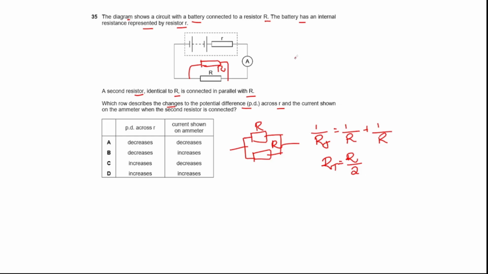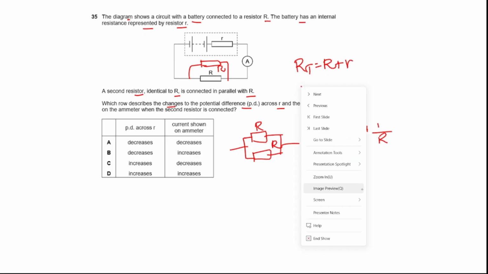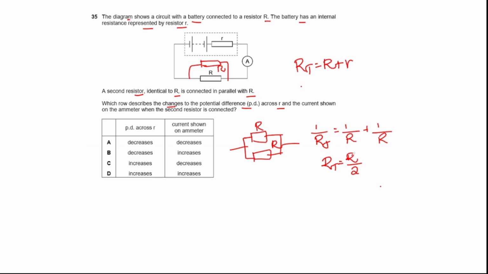Before adding the second resistor, the total resistance was just the first resistor and the internal resistor. But now the total resistance is this parallel combination plus the internal resistance as well.